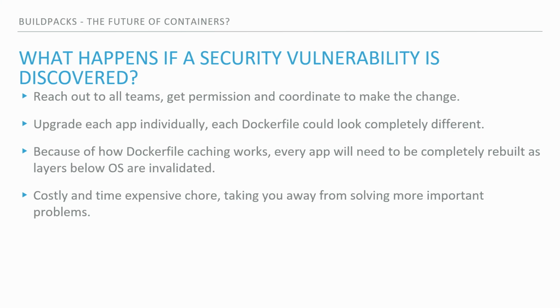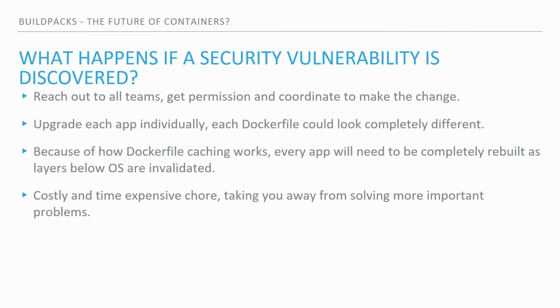So why does any of this matter? If you do discover a security vulnerability, how do you go about fixing it? In the examples I described, if you're working in a large company, you probably have hundreds of code repos, so you'll have to reach out to every team and coordinate with them. They also probably have differing ways of doing things, so you'll have to get used to seeing many different types of Dockerfiles.